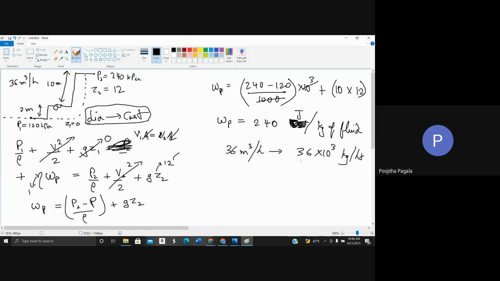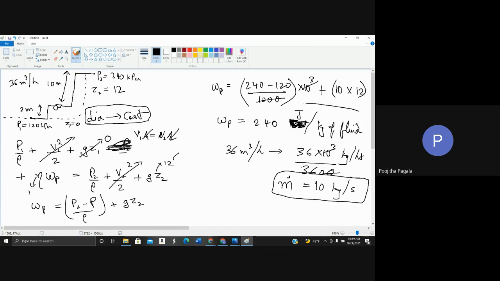So if you want to convert it into kg per second, you divide it by 3600. And from here, this is 10 kg per second. So this is your flow rate. The mass flow rate of the fluid through the system should be 10 kg per second.